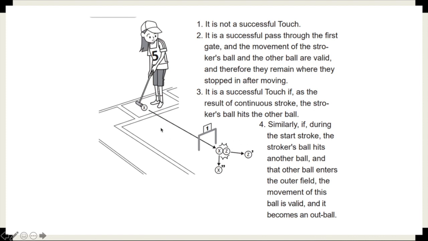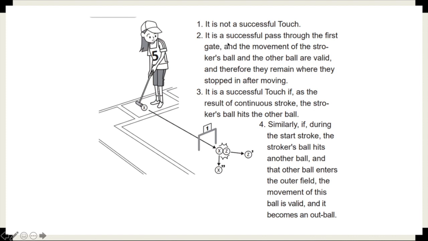Well, no, because in order for it to be a successful pass through the first gate, and for the continuing stroke to be granted, ball X must stop as an in ball on the inner field. So that's why, although the gate is scored, in this situation it does not count as a successful touch. It must come to a complete stop on the inner field as an in ball. Rightio, so it is not a successful touch.